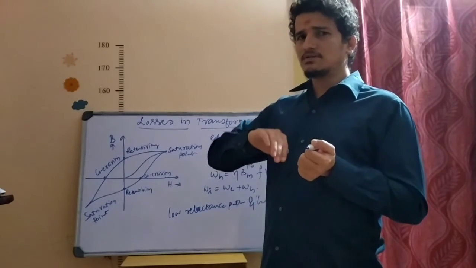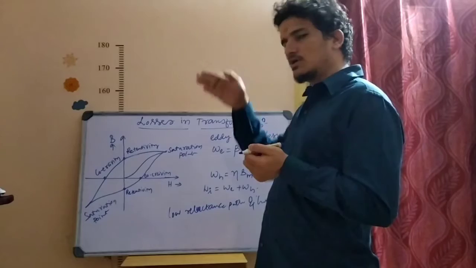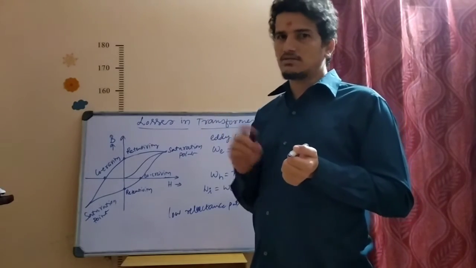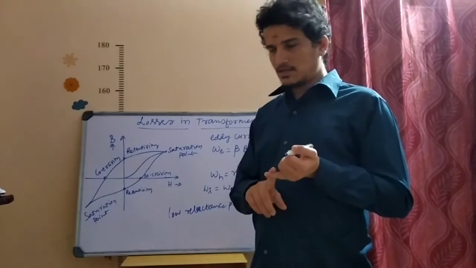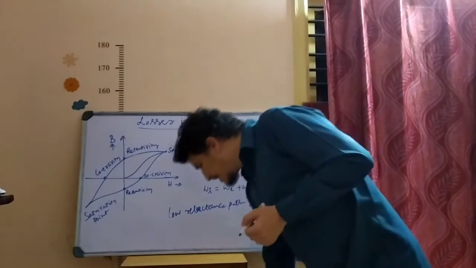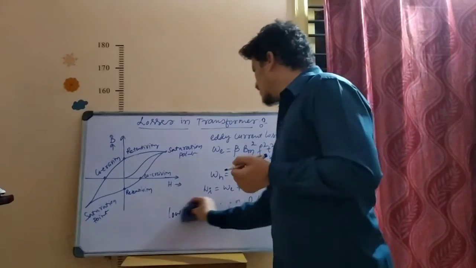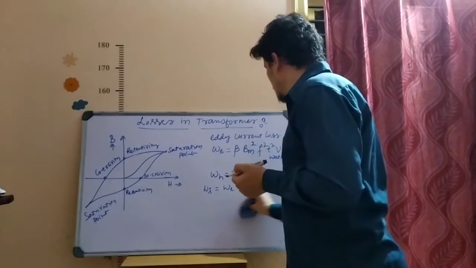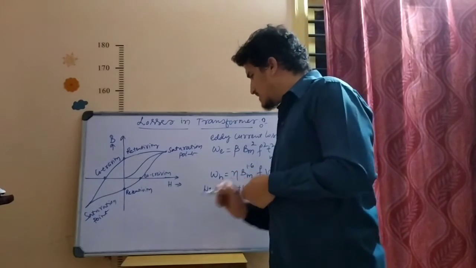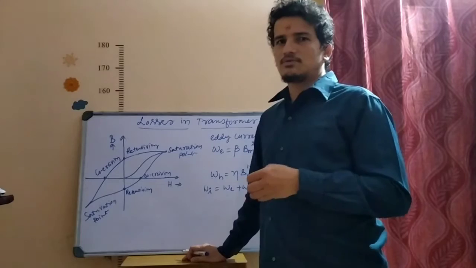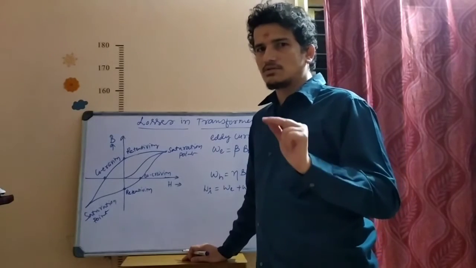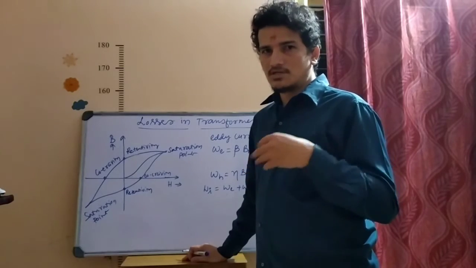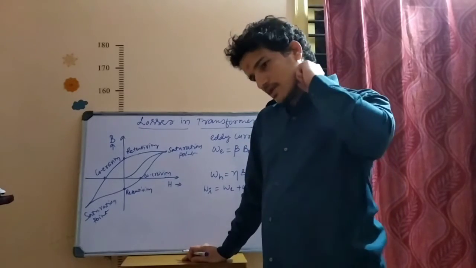Because 100% of the flux will not take its path through the core itself. There are some leakages in the flux in a practical transformer. That also I have told you. And also I have told you that due to the change in magnetic flux, when this magnetic core is subjected to magnetization, what will happen?